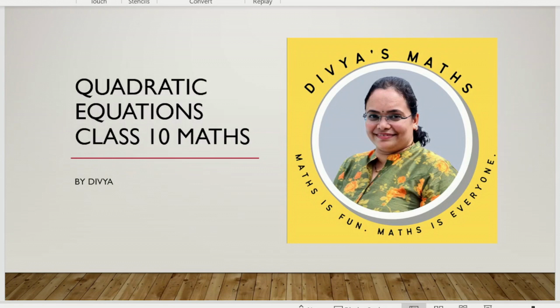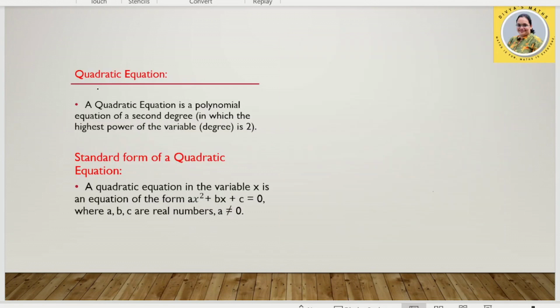So let's get started. We will discuss quadratic equations. But before that, we will see what a quadratic polynomial is. We have learned in the polynomials chapter that a polynomial in which the highest power of a variable is 2 is said to be a quadratic polynomial.